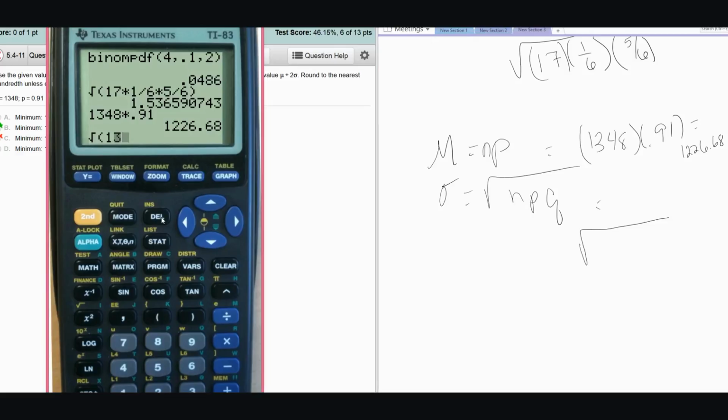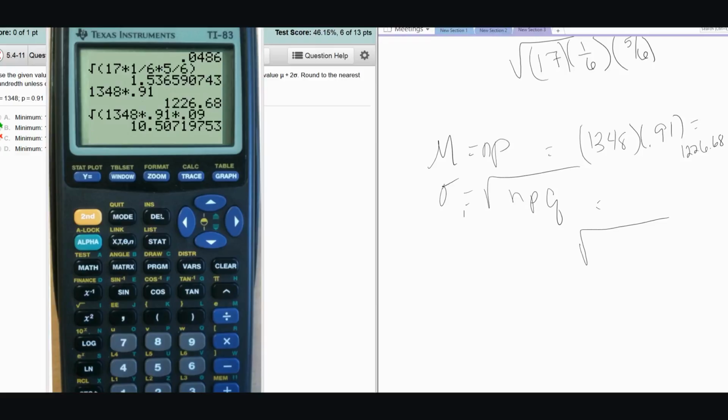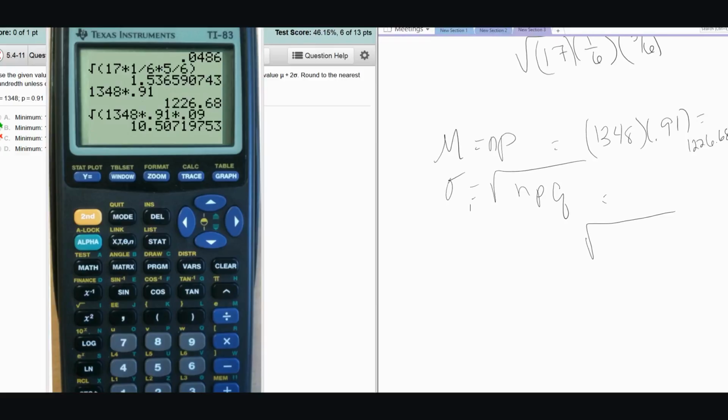So 1348 times 0.91 times 0.09. So we're going to have 10.51. So the minimum value is the mean minus 2 times the standard deviation.